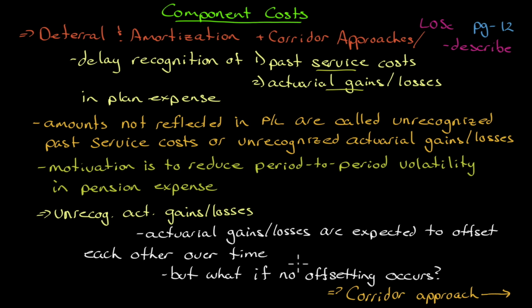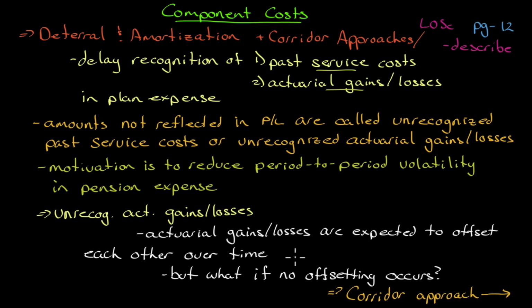Well, for IFRS, it says it all sits in OCI. It stays in OCI. You cannot amortize any of that to P&L. GAAP, on the other hand, says, well, now hang on a second here. That distorts net income.